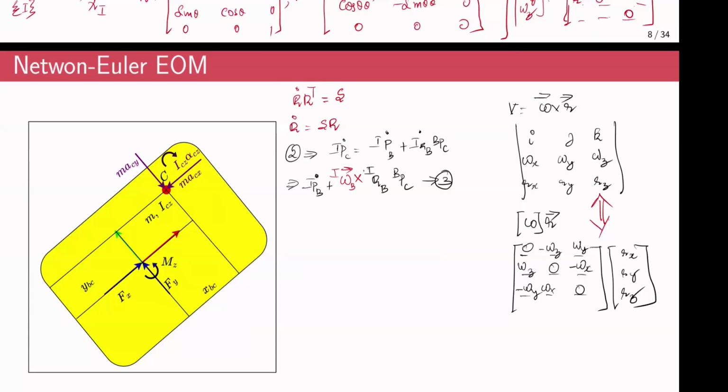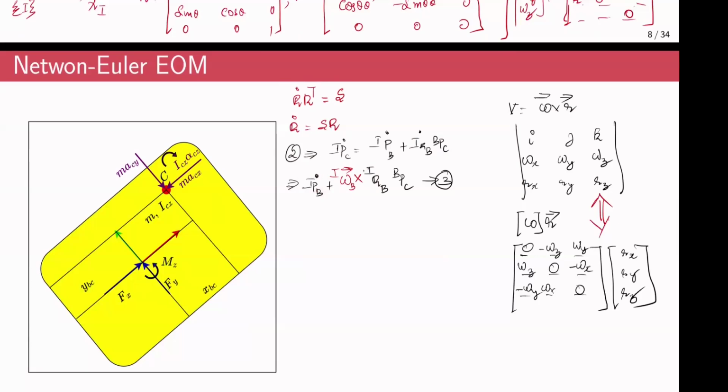Now I'll do one more transformation. What exactly is this? The derivative of the position vector of frame B with respect to I. That is nothing but the velocity of the body fixed frame of reference, right?